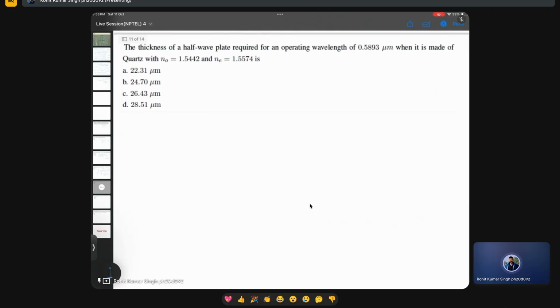Here it is asking the thickness of the wave plate required for the operating wavelength given, when it is made up of quartz with NO and NE given. For a half wave plate, what is the phase difference? Pi, right?